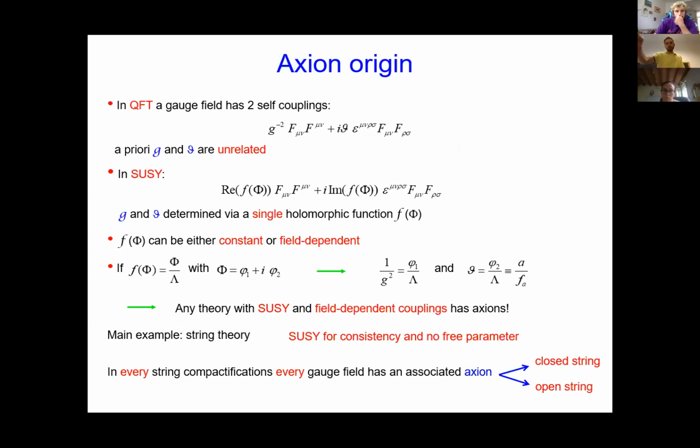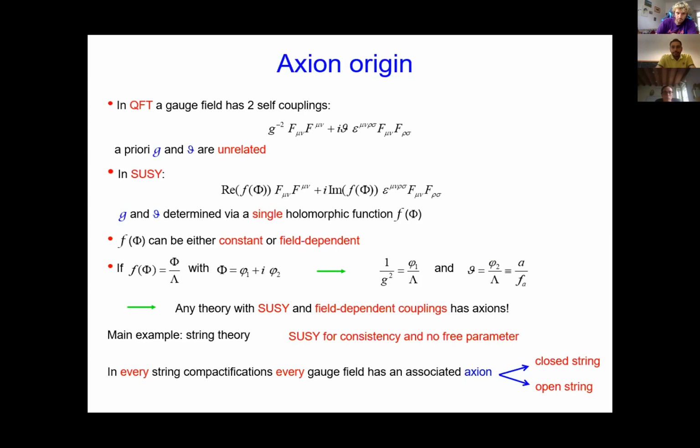So this is a very simple slide that motivates the axion origin from string theory. From the naive quantum field theory point of view, a gauge field has got two couplings, g^-2 and theta, which a priori are completely independent and unrelated. But if you start looking at these things from the point of view of a supersymmetric theory, you immediately see that the gauge coupling and the theta angle are related to each other because they are the real and the imaginary part of the same function, which is a holomorphic function f called the gauge kinetic function.